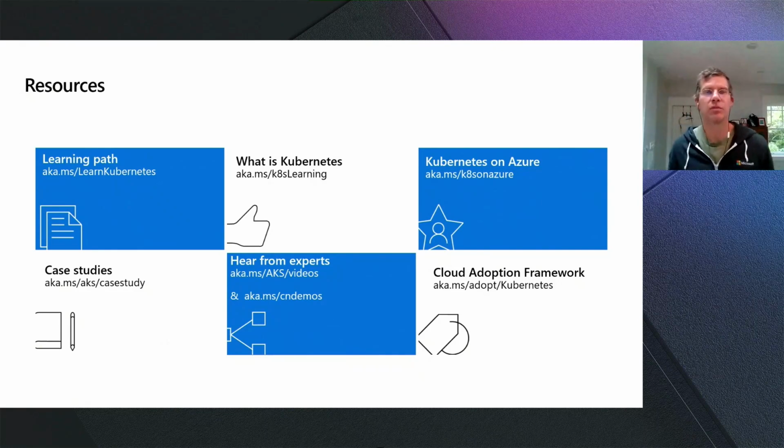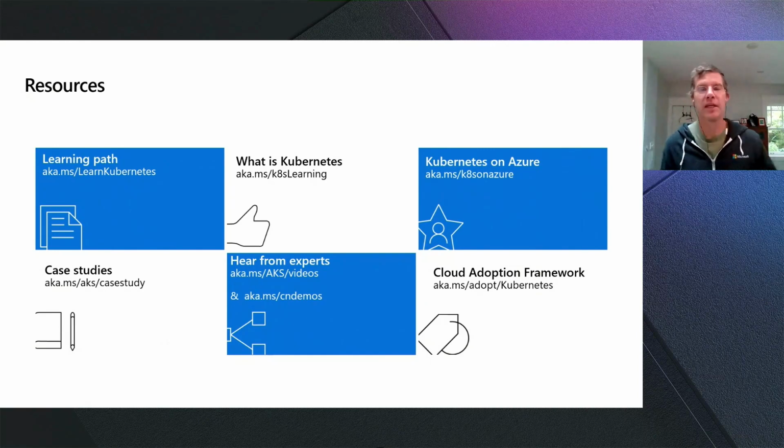If you're looking to make the case to your company, or you're looking to just understand how other people have been using Kubernetes, we have a bunch of case studies like the Bosch one that I just talked about, but many more as well, about enterprises that have found success on top of the Azure Kubernetes Service. We've got a bunch of experts who have the ability to share their knowledge with people, and we have those presentations as well as a bunch of demos like we saw earlier in the presentation.